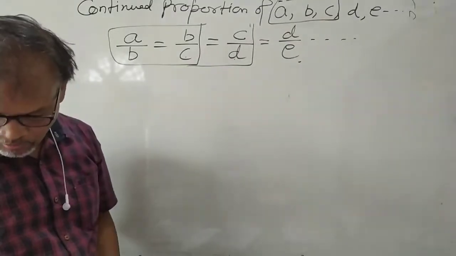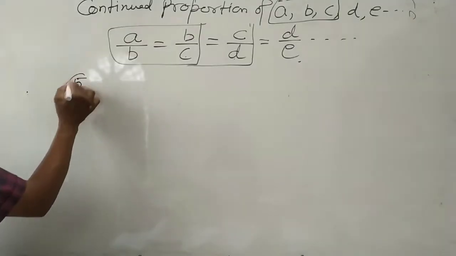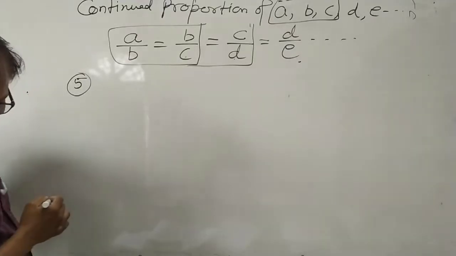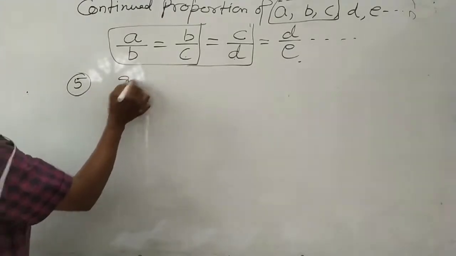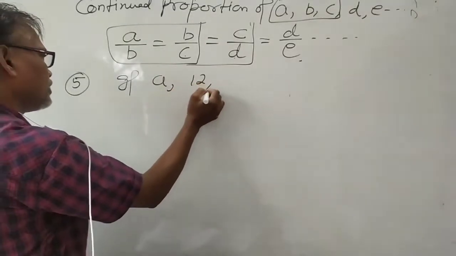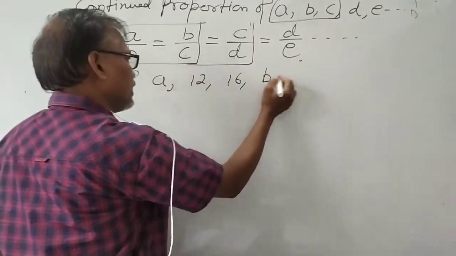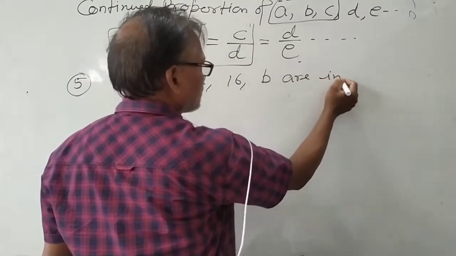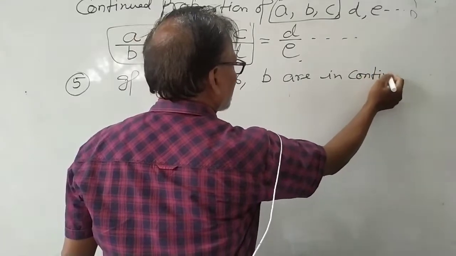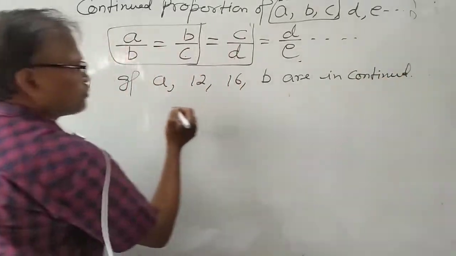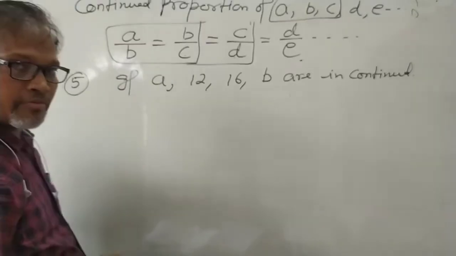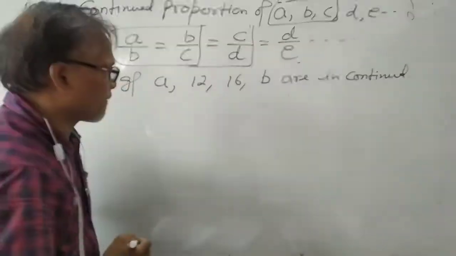For example, here one question is given, question number 5. If A, 12, 16 and B are in continued proportion, find the values of A and B. How to find?